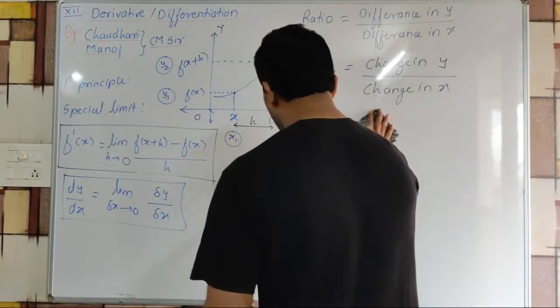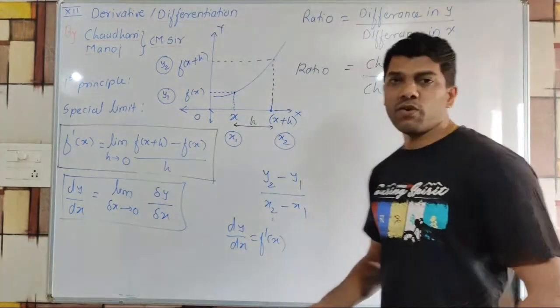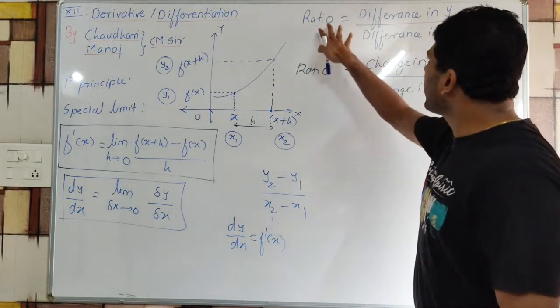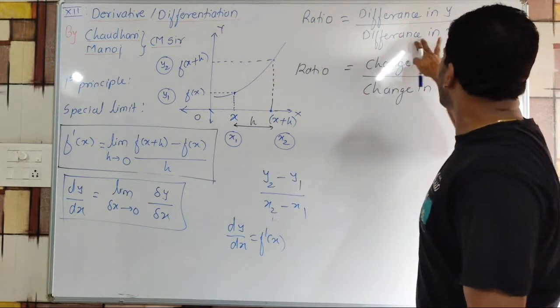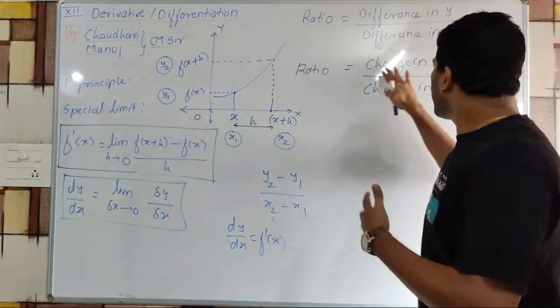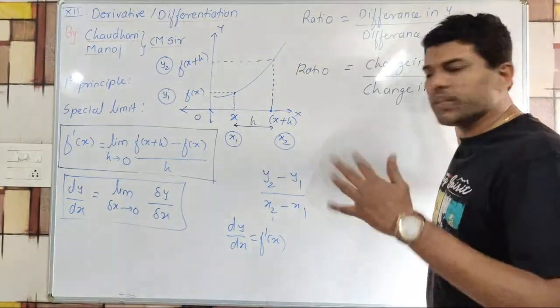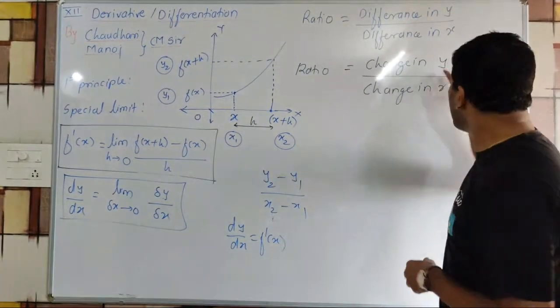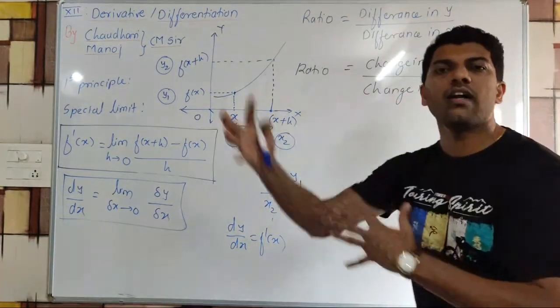Let me explain the concept of the derivative with a few examples. Derivative is the difference in y divided by difference in x. What it represents is change in y with respect to change in x, or change in one variable with respect to another variable.